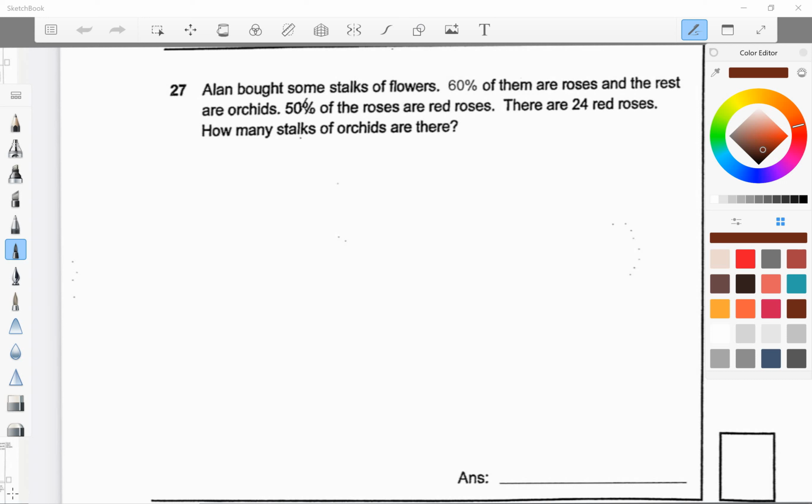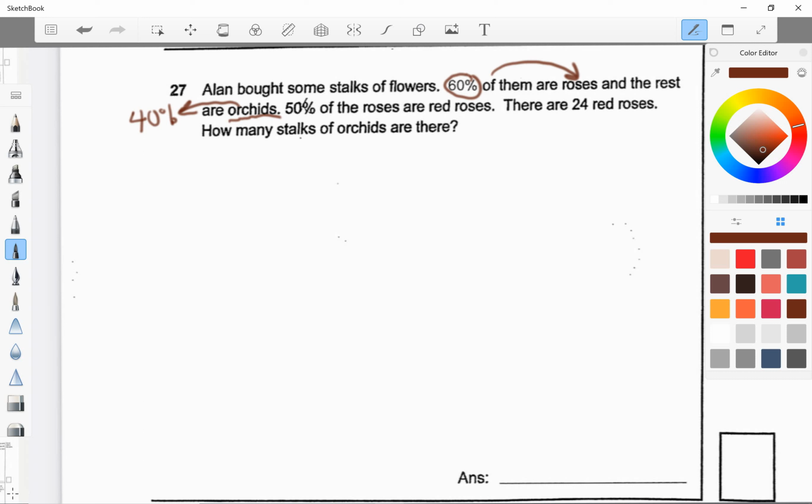Alan bought some stalks of flowers, and it's mentioned that 60% of them are roses, and the rest are orchids. So what they expect the student to know is that if 60% of them are roses, 40% has got to be orchids.